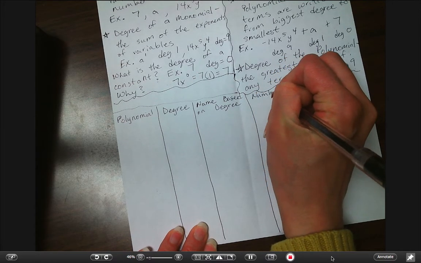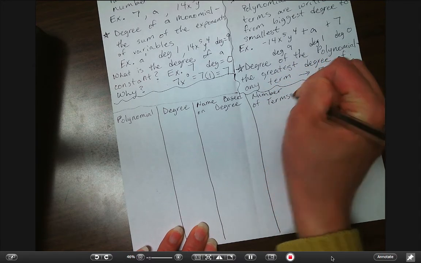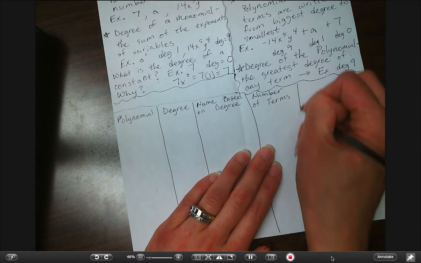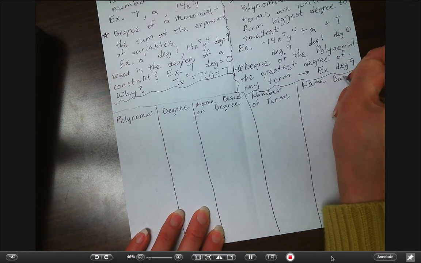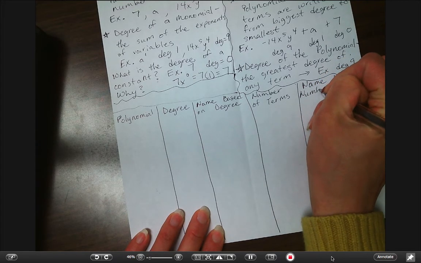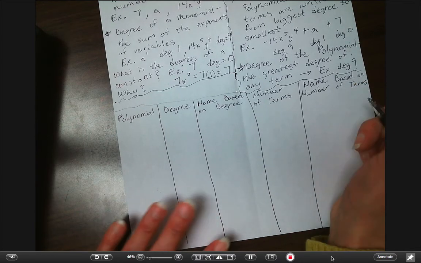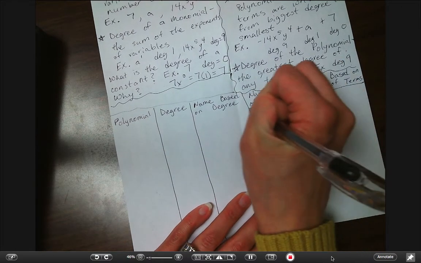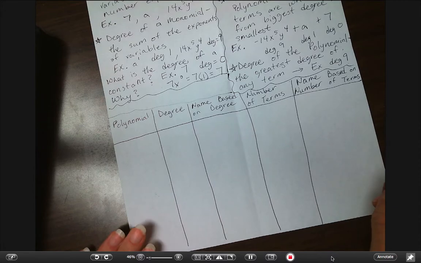Number of terms is this column, and then name based on number of terms. This last column's a little wider because I'm going to have a little bit more to write in there. Okay, so that is the first row, the headings.